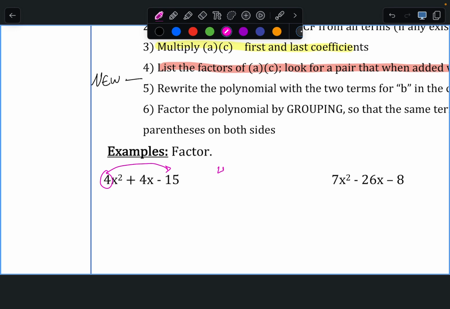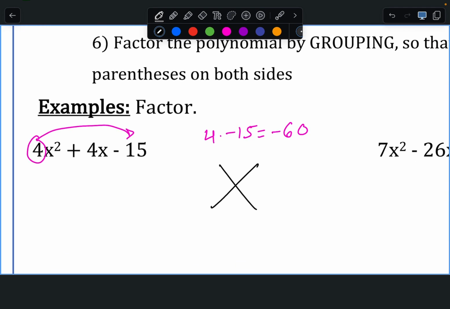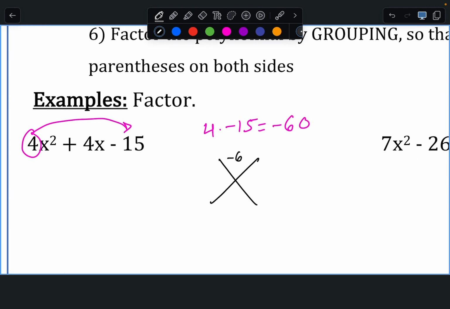When I multiply 4 times negative 15, I'm going to get negative 60 here. So I'm looking for factors of negative 60 that are going to add to positive 4.